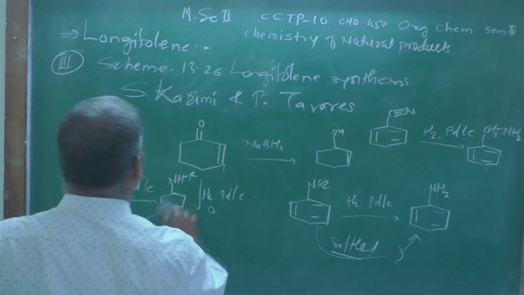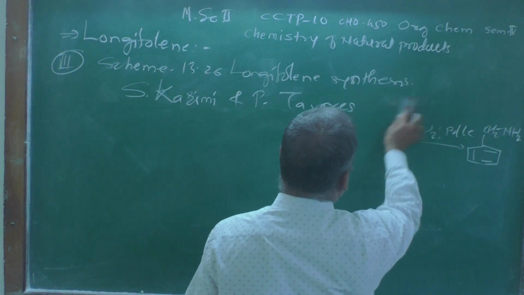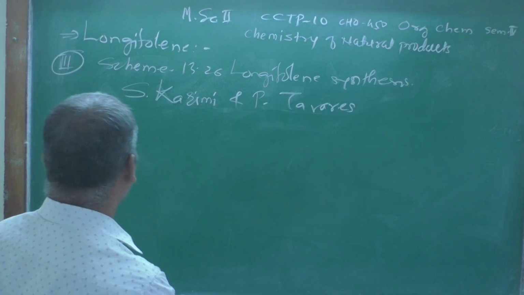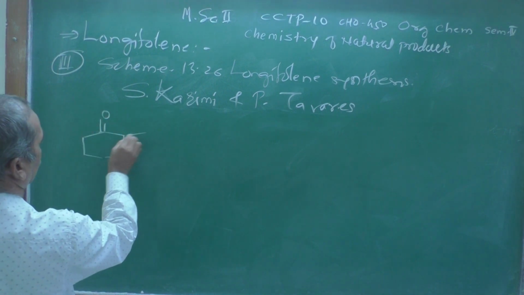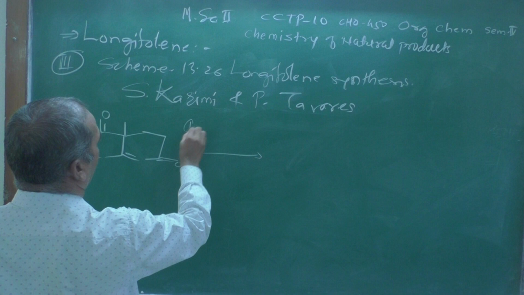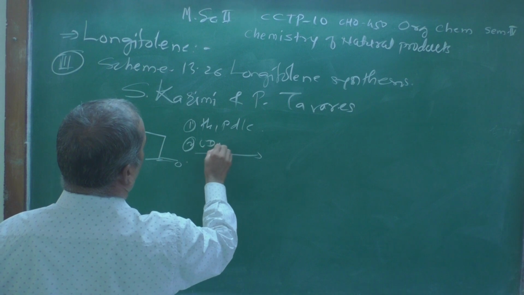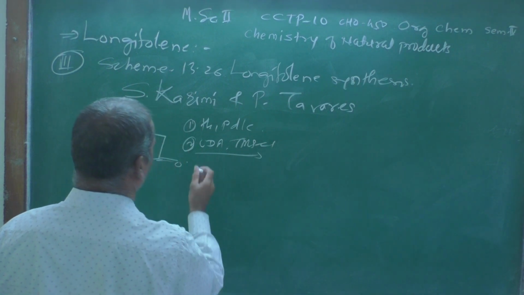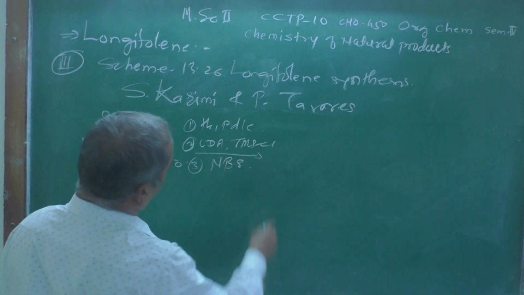Now, what we have discussed in our previous lectures: the starting material we have taken is this one, C double bond O, and here a methyl group, C double bond O, and here we added H2, palladium charcoal, second LDA, then TMS, trimethyl silyl chloride, and third NBS.